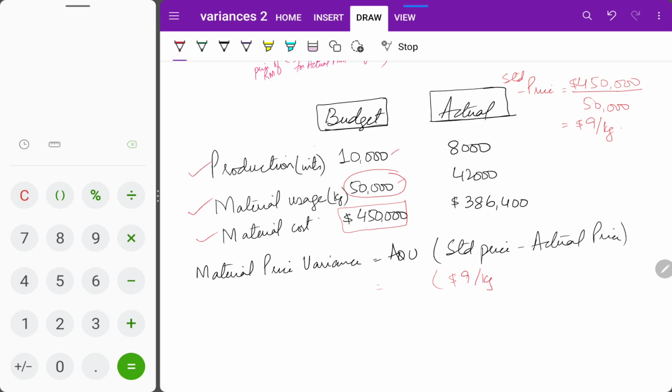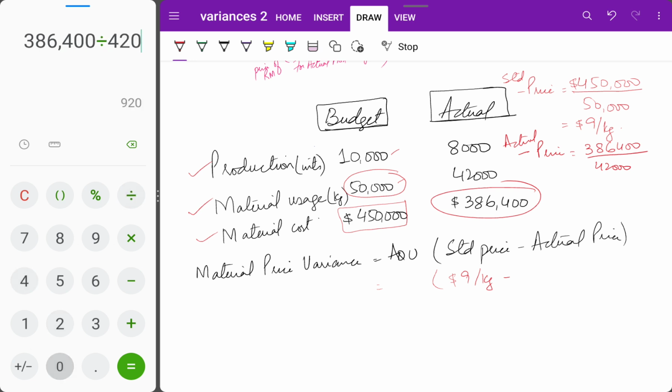The standard price is $9 per kilogram. And what is the actual price? For the actual price, we will consider the actual data, so we divide 386,400 by 42,000. Let's see what we get. 386,400 divided by 42,000 is 9.2.